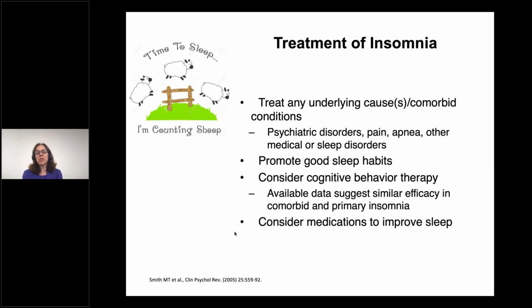So we want to make sure those conditions are adequately treated because they are likely contributing or exacerbating the insomnia. And I very frequently, when I see patients in clinic, they have one of these other conditions present that is not sufficiently treated. They're still in chronic pain, they have depression that isn't adequately treated, et cetera. And it's hard to treat an insomnia without also treating those conditions.